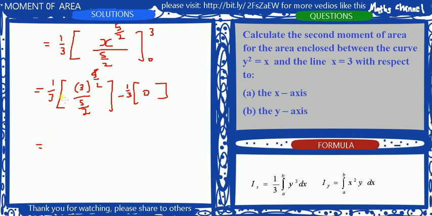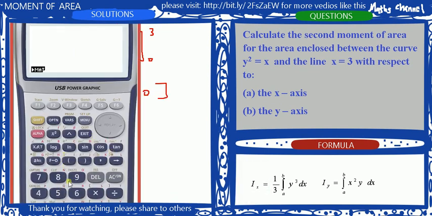Then when you calculate everything using the calculator, it's 3 raised to 2.5 divided by 2.5, which is 6.23.